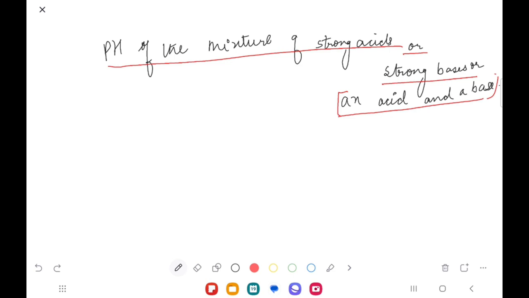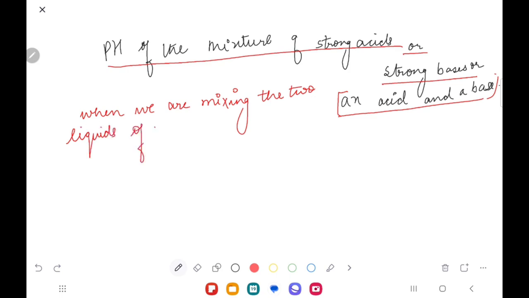Now, it's very simple here. What is happening right here? Just see. Let's suppose that there are two formulas. The point is, when we are mixing the two liquids of the same type, what exactly does that mean?